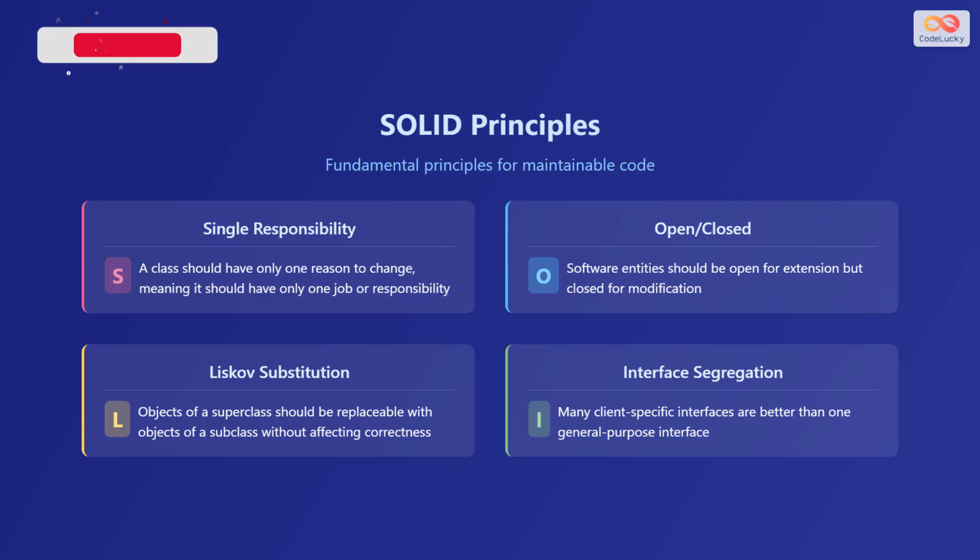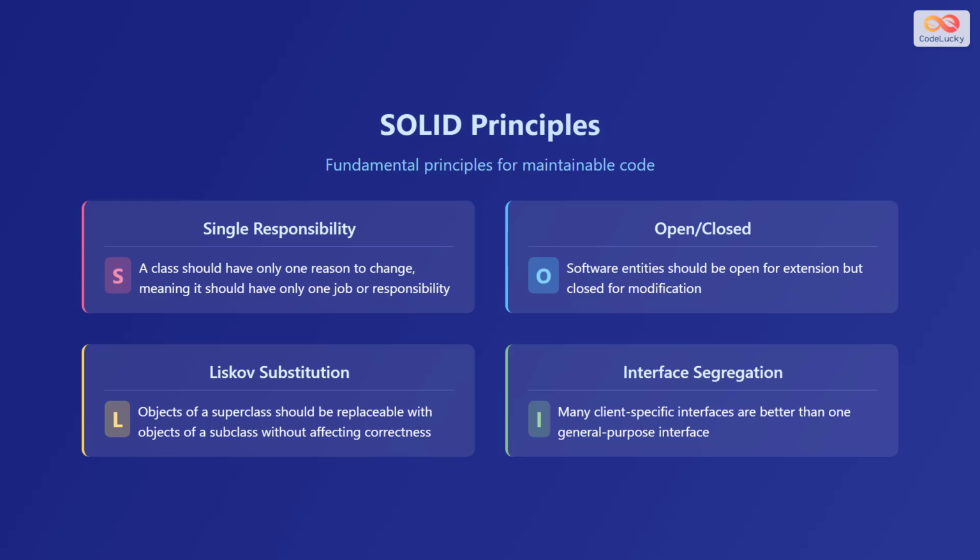SOLID principles are the fundamental principles for maintainable code. SOLID is an acronym, where each letter represents a key principle. S stands for Single Responsibility Principle. A class should have only one reason to change, meaning it should have only one job or responsibility. O stands for Open Closed Principle.